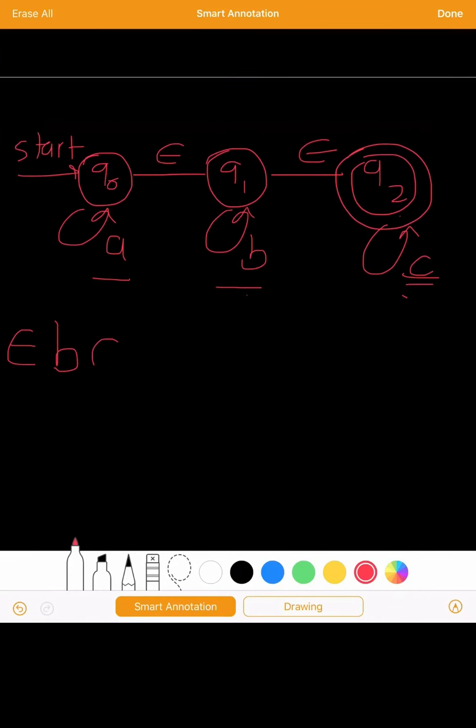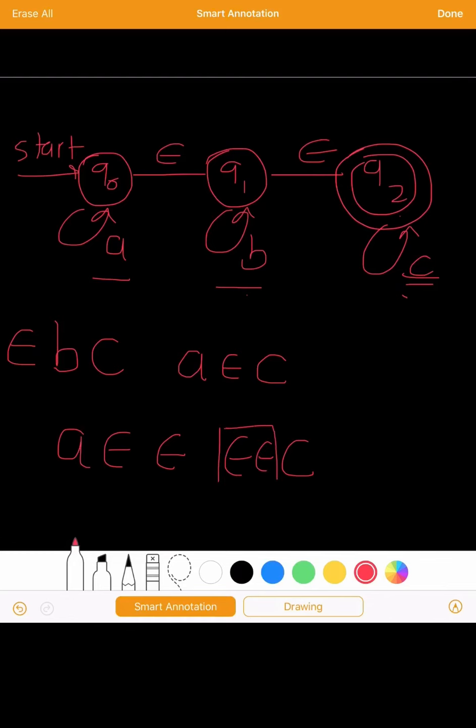So B and C. If our string starts with A, and if we don't have B's, then it would carry epsilon here, then it will write C. If our string only presents A's, then it will carry epsilon here, and if our string has only C, then it would be epsilon at the initial state, right.